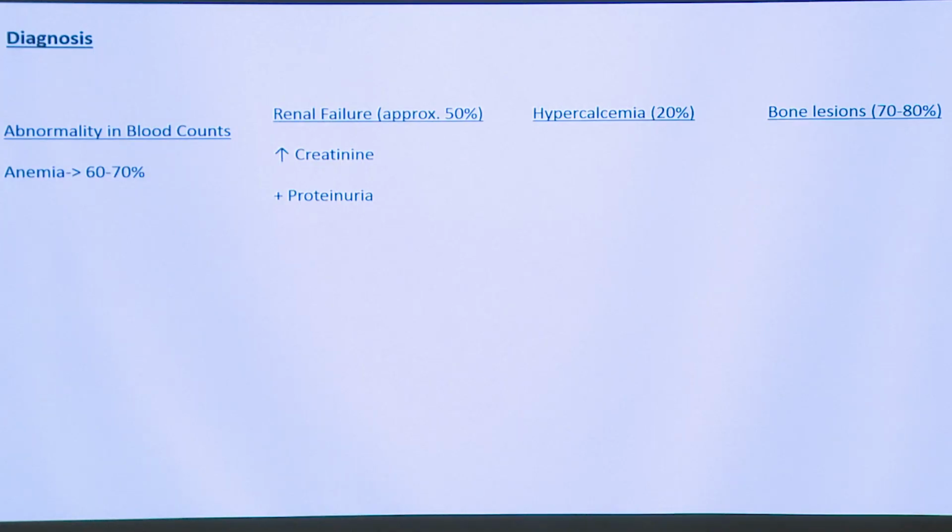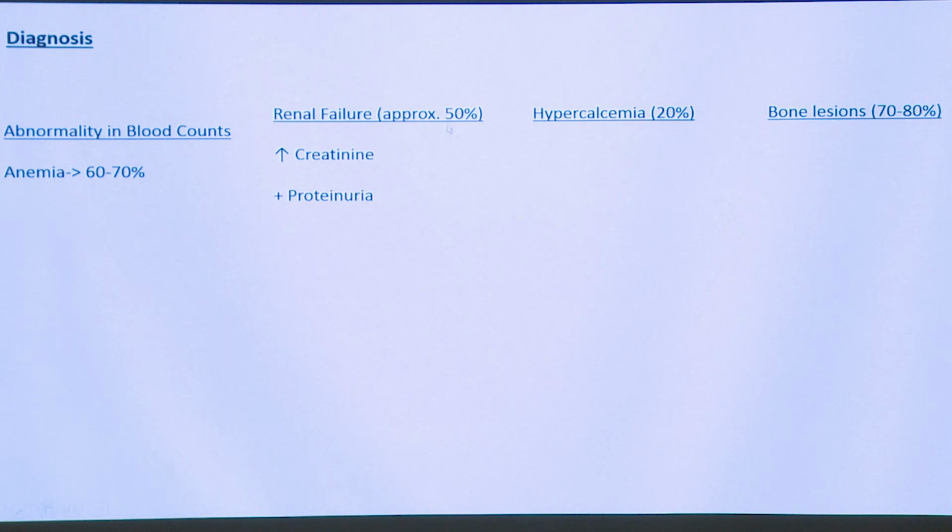So how do you diagnose multiple myeloma, or what are the clinical criteria of multiple myeloma? Really, there are mainly four organs or four clinical pictures that come into play. The first one is abnormality in blood counts, which at least 60 to 70% of patients have, with mostly a low red cell blood count, anemia.